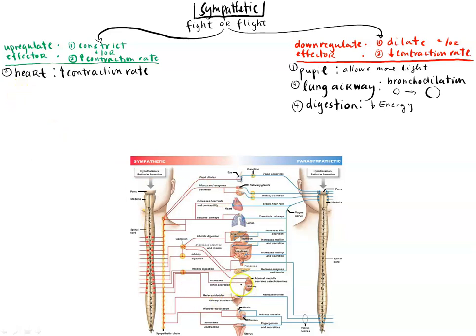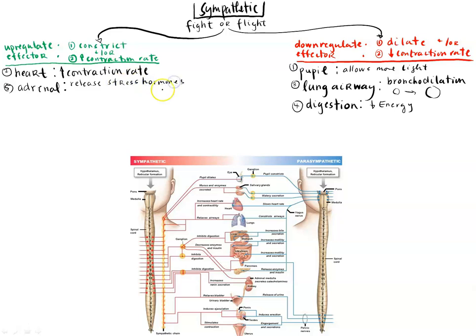No, I'll talk about the adrenal first. The picture was so small, I couldn't see the adrenal. All right, so this is adrenal. Now the adrenal is important because during the sympathetic response, we're going to release stress hormones from this gland.